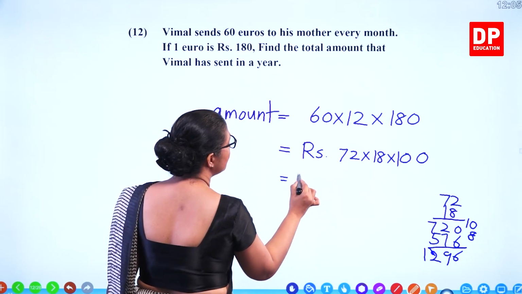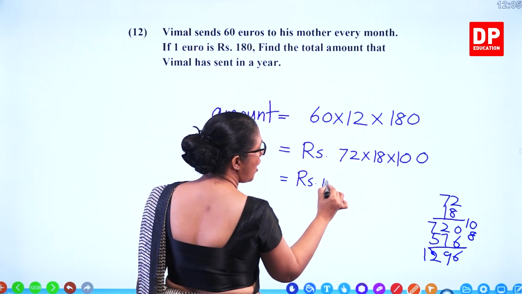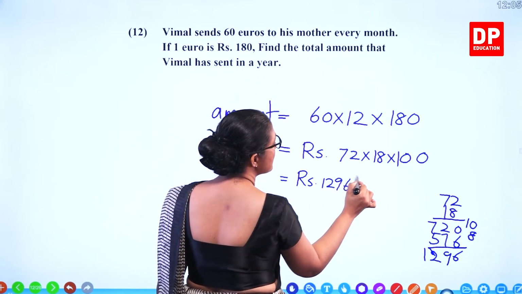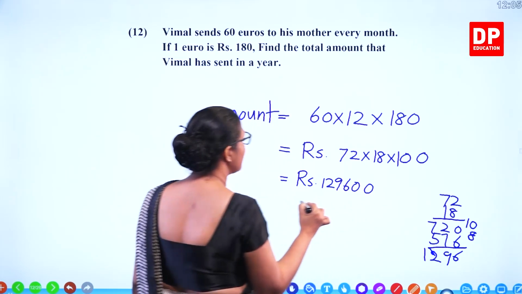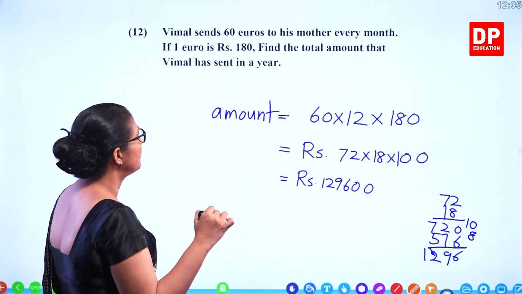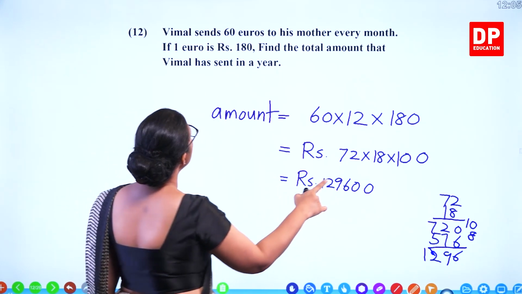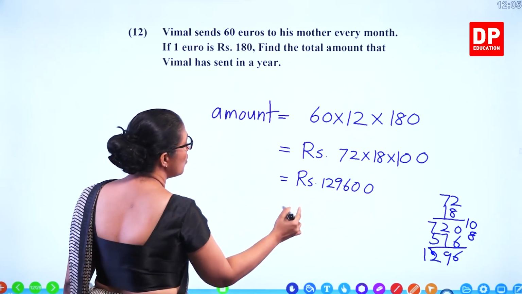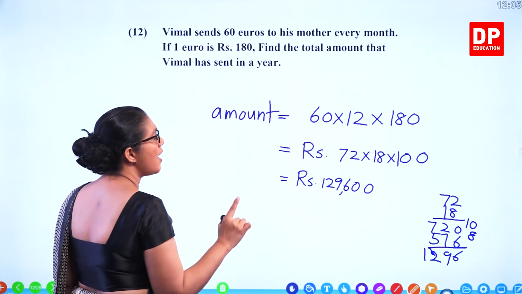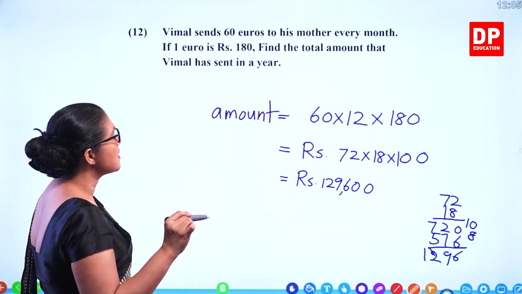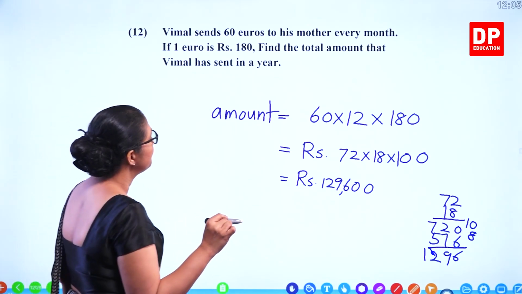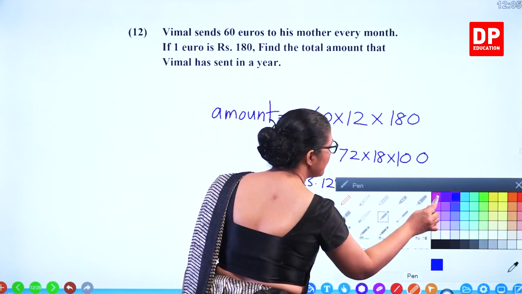So that's 1296 and 2 zeros. So that's the amount here. So what's the amount? 129,600 rupees. So you get 2 marks for that.